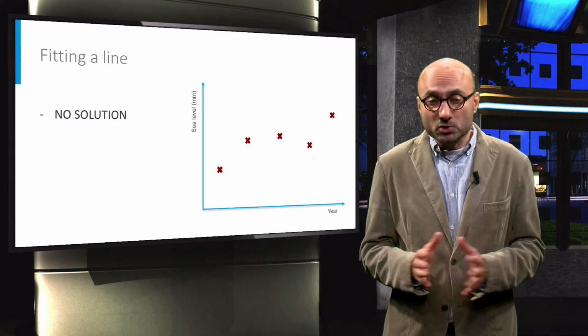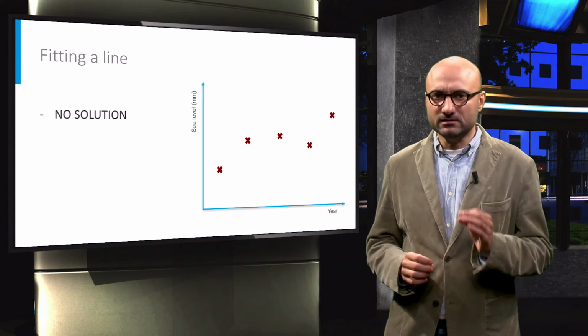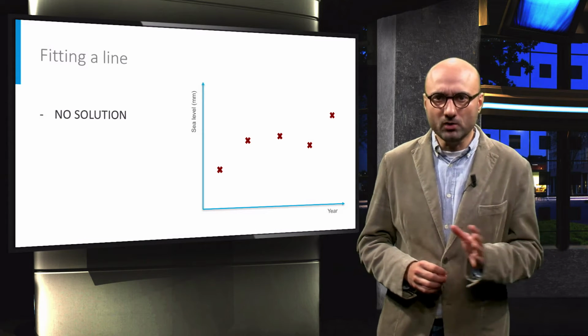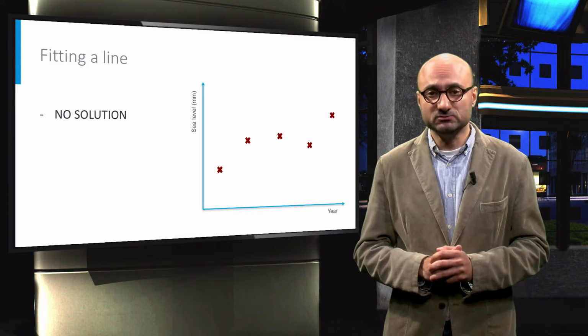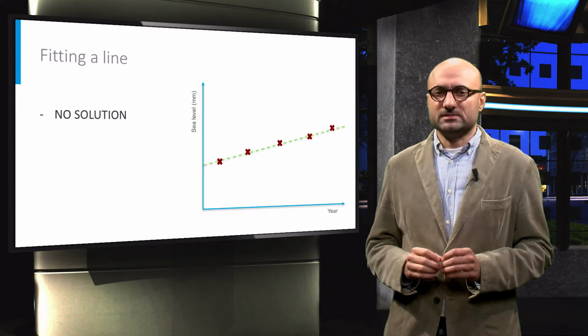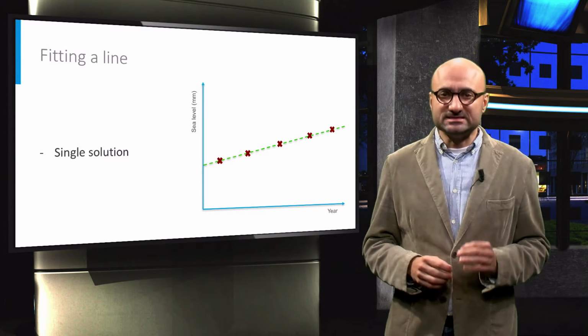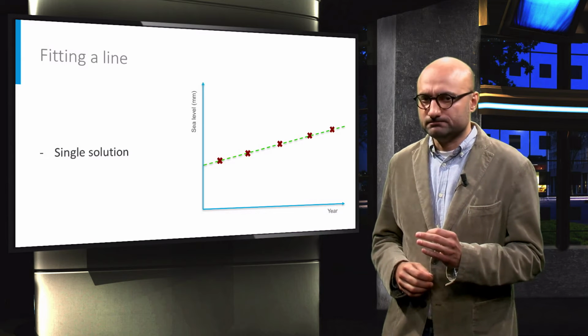I repeat, no solution. In other words, we cannot find even a single line that goes through all these points of observations simultaneously. Remember, if there is no error, and assuming the linear model is the correct model, then there is a single solution for this problem.